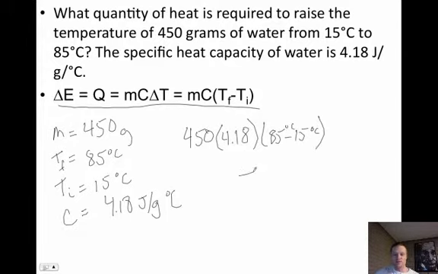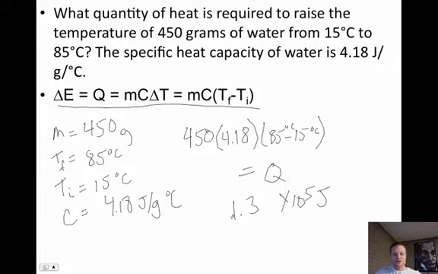Whatever that equals is my Q. If you bust out your calculator and do your order of operations correctly, where you take the subtraction first, you should get a Q of 1.3 times 10 to the 5th joules.